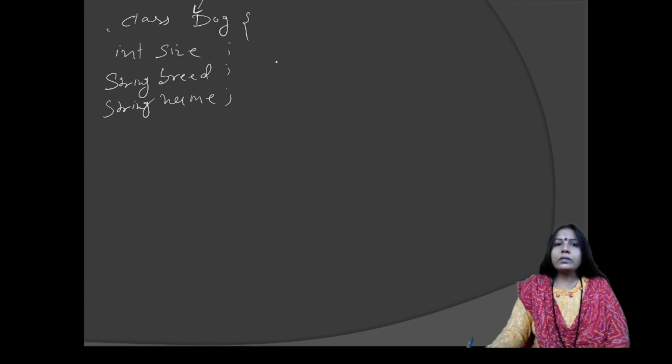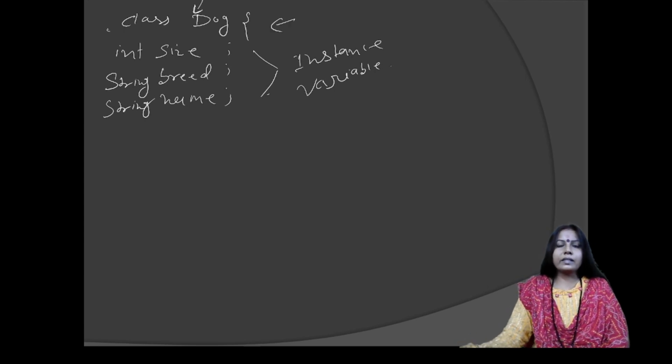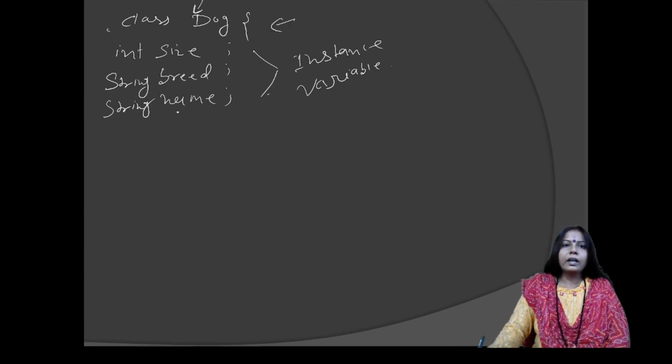This is variable. This is variable of this class. Clear?